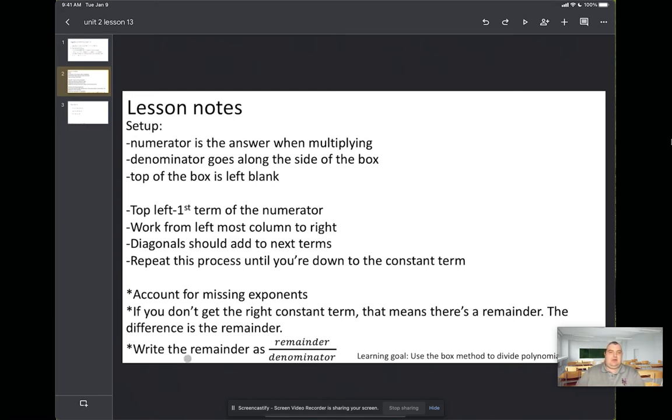And the way we're going to write the remainder is as it says here. We're going to write the remainder as an extra term and a fraction, a fractional extra term in which the remainder is the numerator and the original denominator is the denominator. And I will explain what I mean by that when I do the examples.